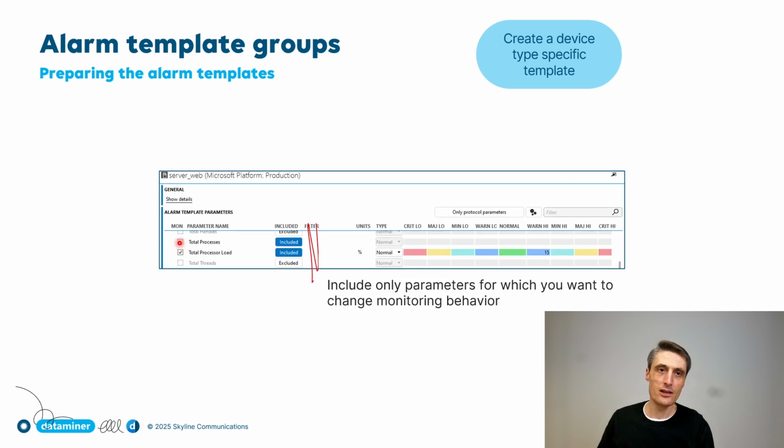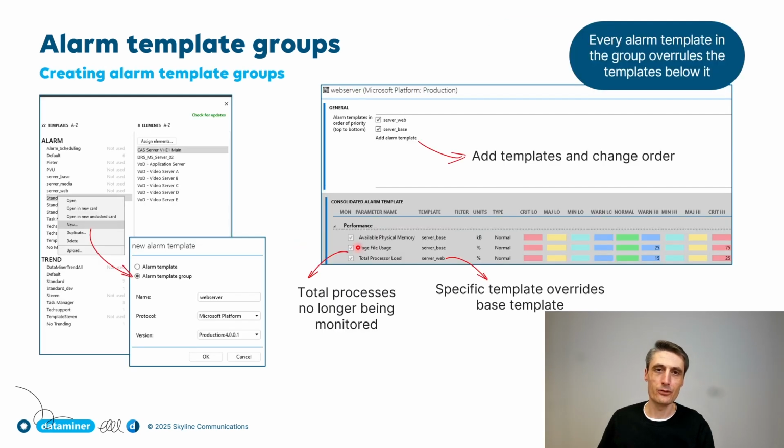And in the overlay, we disabled the total processes while it is included. Therefore, it is not showing the total processes in here, because we kicked it out of the overlay.